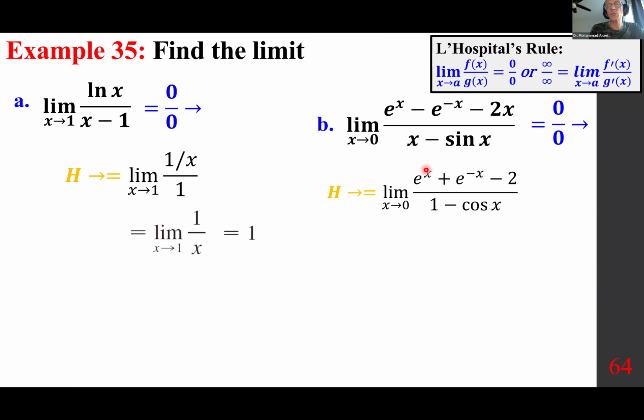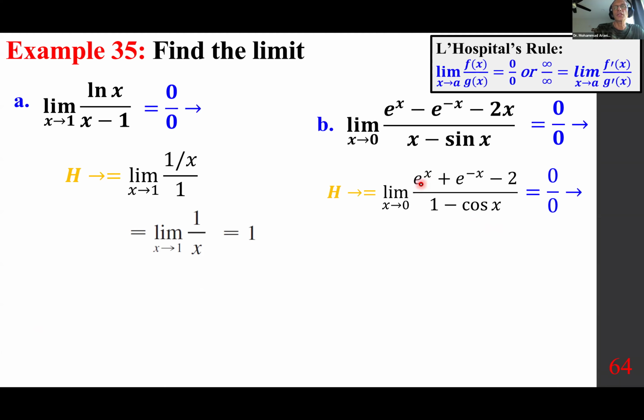Now, if I replace the x with 0, the numerator is 1 plus 1 minus 2, which is 0. 1 minus cosine of 0 is 1 minus 1, also 0. 0 over 0, which means I am going to use L'Hopital's rule again.